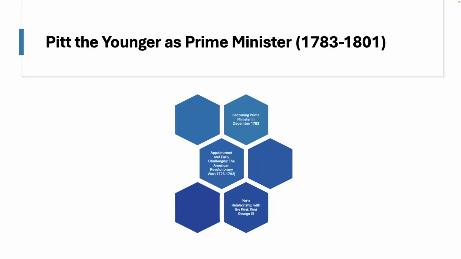George III had a strong belief in the power and authority of the royal prerogative and the powers of the monarchy, and would often have a lot of friction with political leaders who challenged that royal authority.